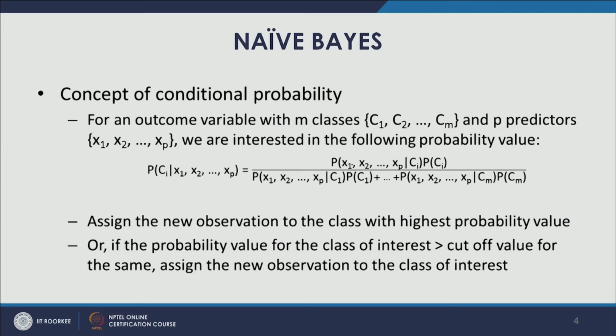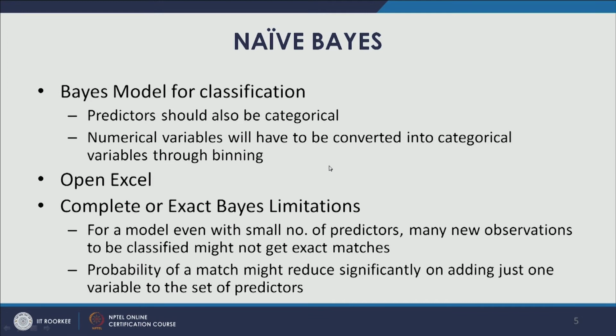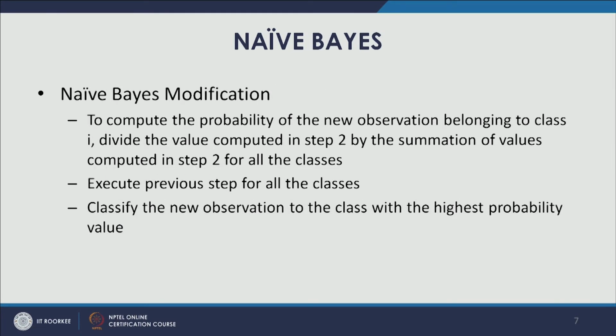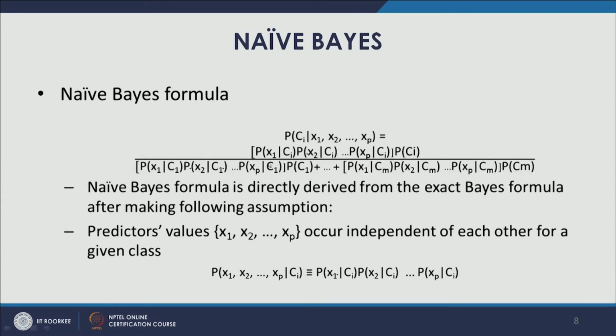One difference is in the numerator as well as in the denominator: this particular expression, the probability of a particular observation having these predictor values given the class Ci, has been changed to this product of different probabilities, right.